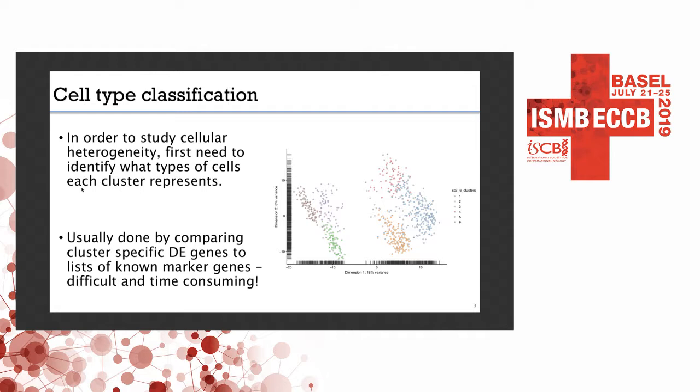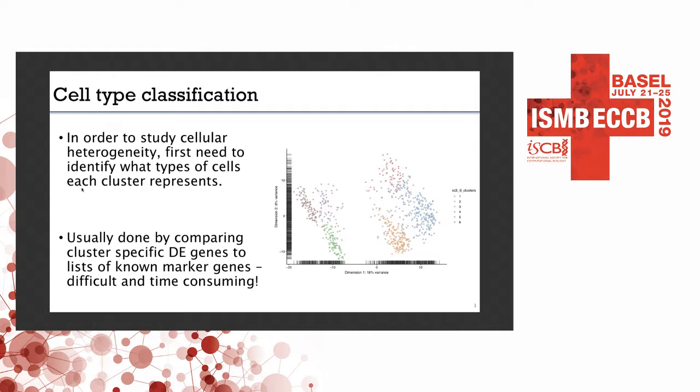Usually we'll find genes for this green cluster here that are different in this cluster than all the other clusters, right? So we're computationally finding marker genes, or cluster-specific differentially expressed genes. But then we have to take that list of genes for that cluster and compare it to our known list of marker genes from prior experiments and knowledge.